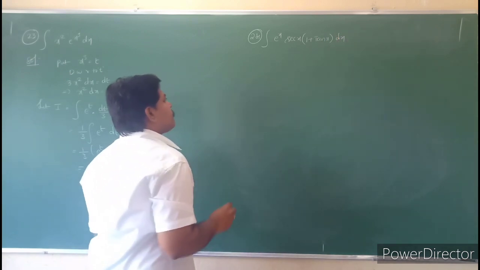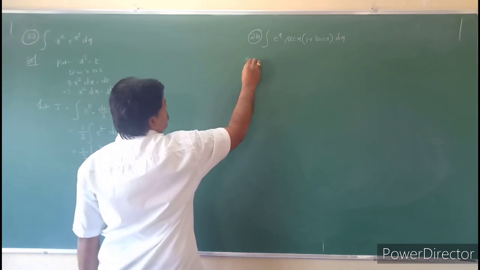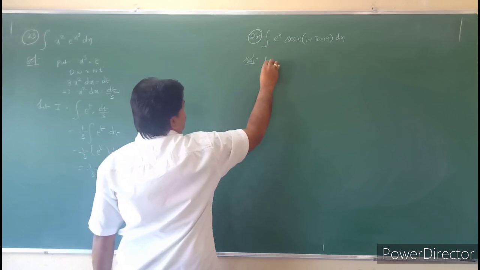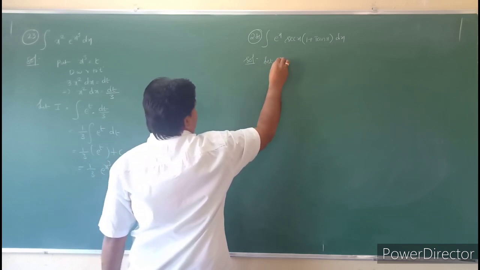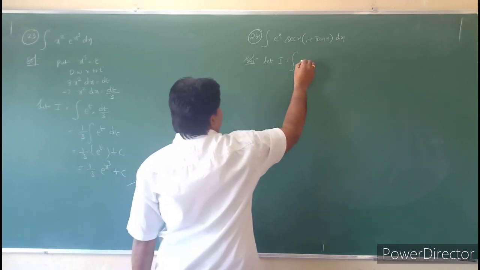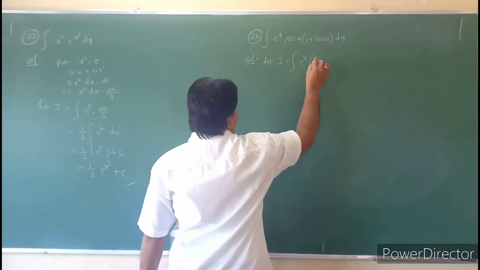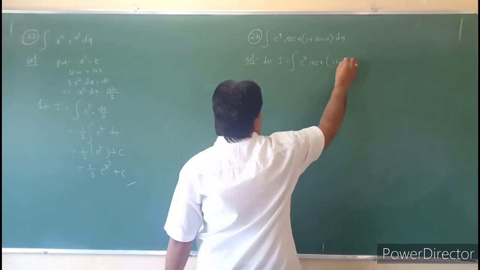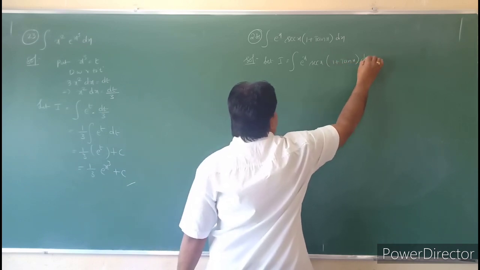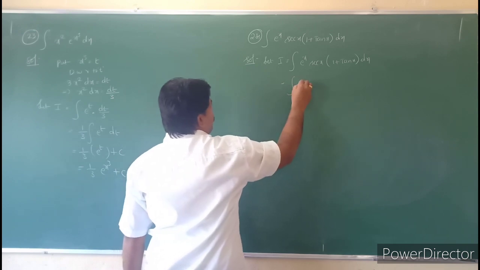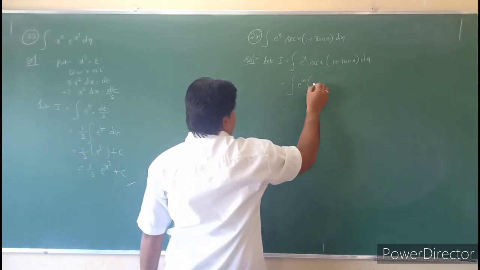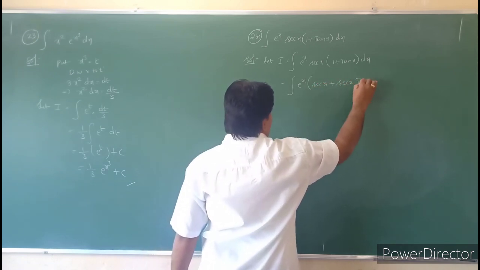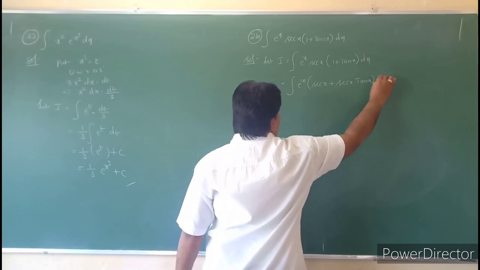So let I is equal to integral of e power x into, take the secant x inside, 1 plus tan x into dx. That is equal to integral of e power x into, take the secant x inside, what happens, students? Secant x plus secant x into tan x into dx.